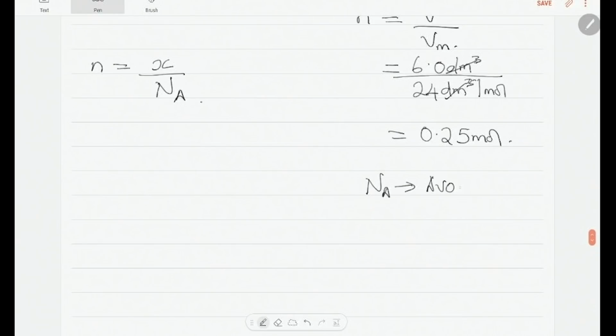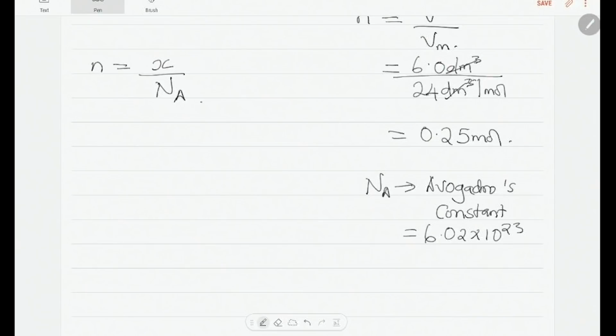And this is usually equal to 6.02 times 10 to the power 23 particles.